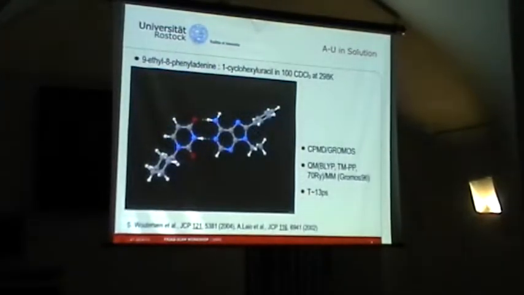All right. So what we did now in order to describe the full system in solution, that comes with some side groups here to make it stable and to enforce this Watson-Crick base pairing, we put this in solution with the QMMM force field simulation.